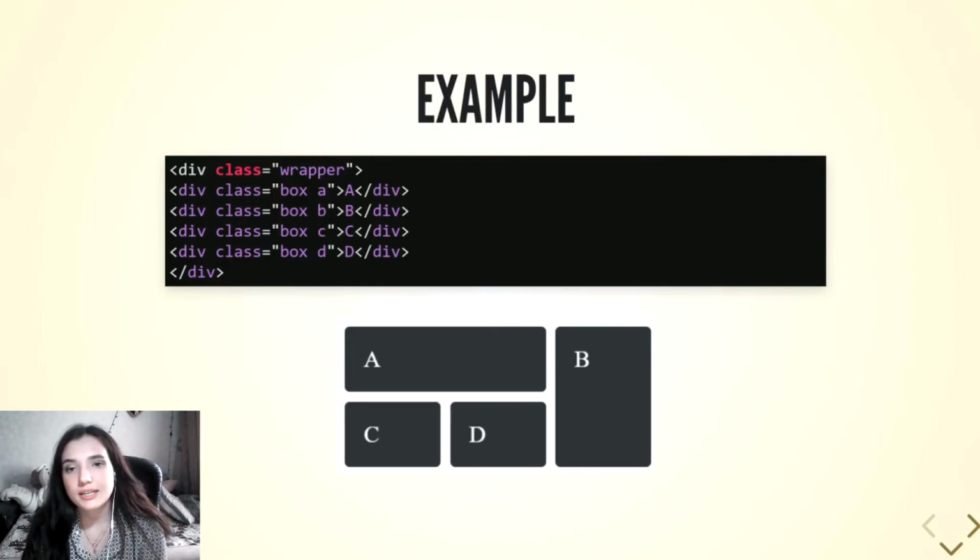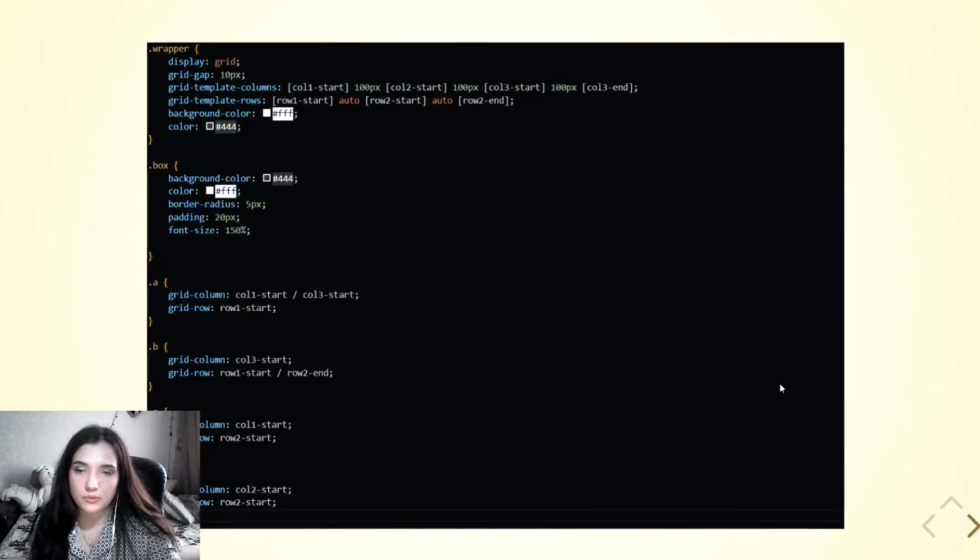Now let's see examples of combining different CSS grid properties, because there is a lot of different information about CSS grid, but I think we talked about the main properties, and now we can see how we can combine and work with them. Here you can see a grid with class wrapper, and now let's see the CSS properties.